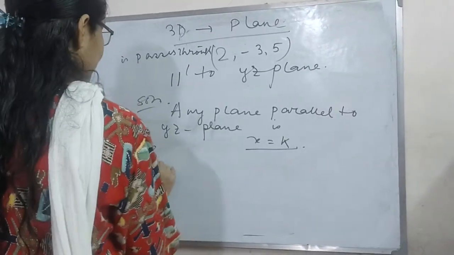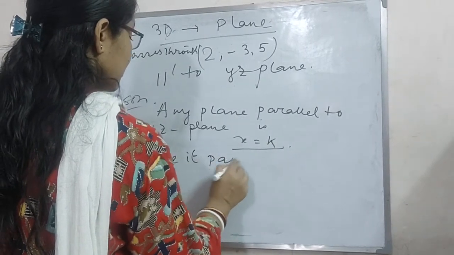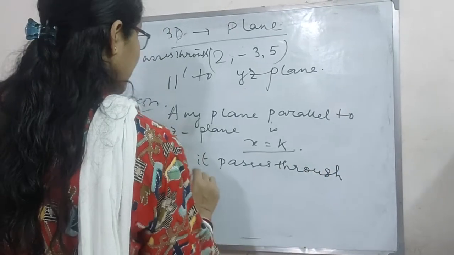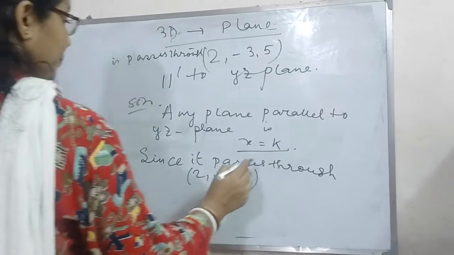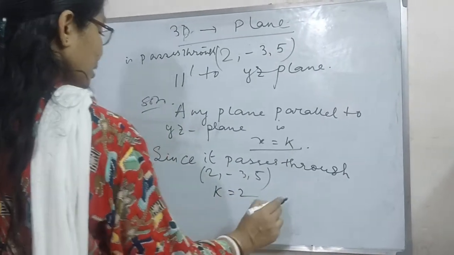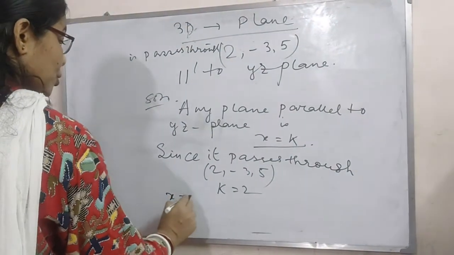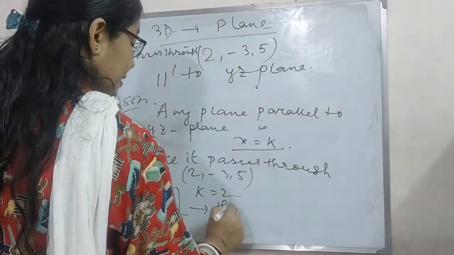Since it passes through (2, -3, 5), k equals 2, so I can write x equal to 2. This is the required equation of the plane.